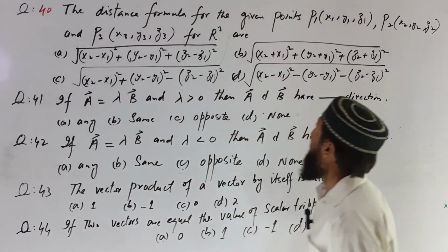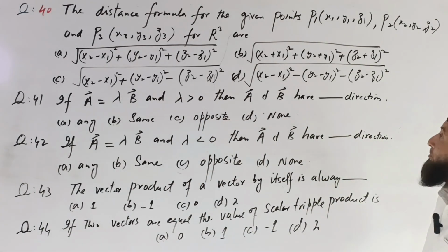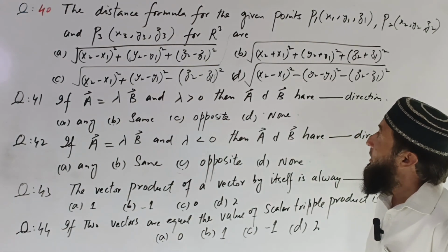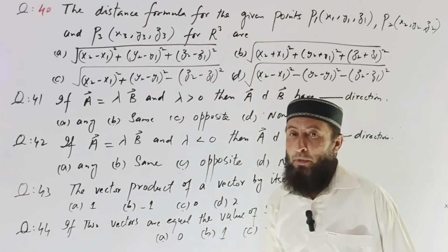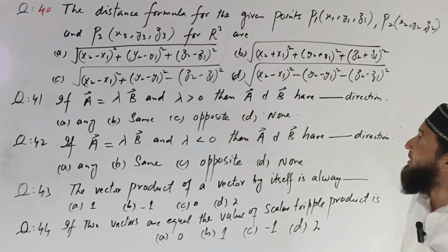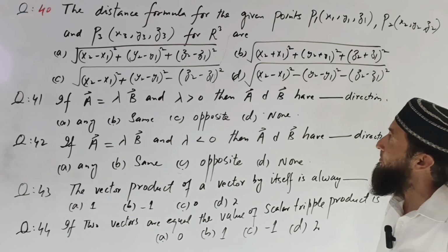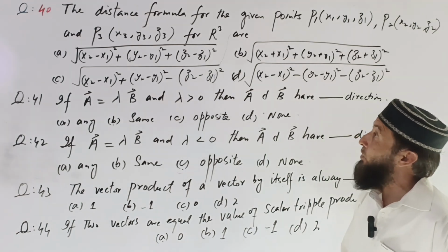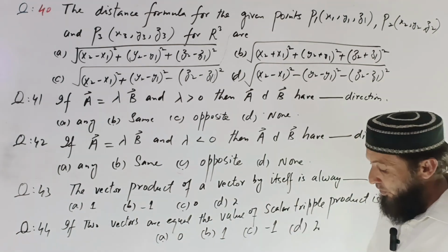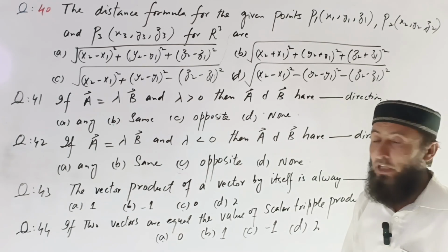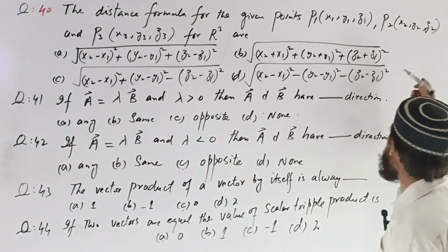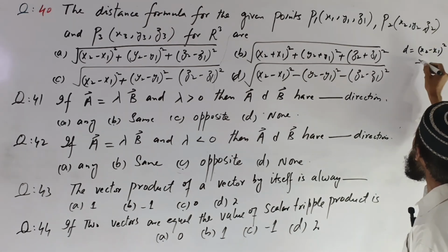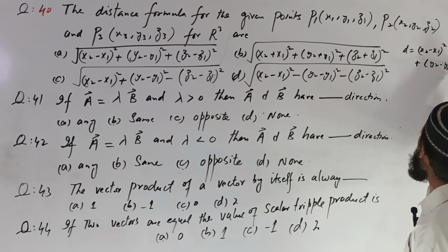Question 40: the distance formula for the given points P1, P2 and P3 in R cube, which is three-dimensional space, where three coordinates are given. How do we find the distance? In ninth class we know that between two points the distance formula is the square root of x2 minus x1 whole square plus y2 minus y1 whole square.